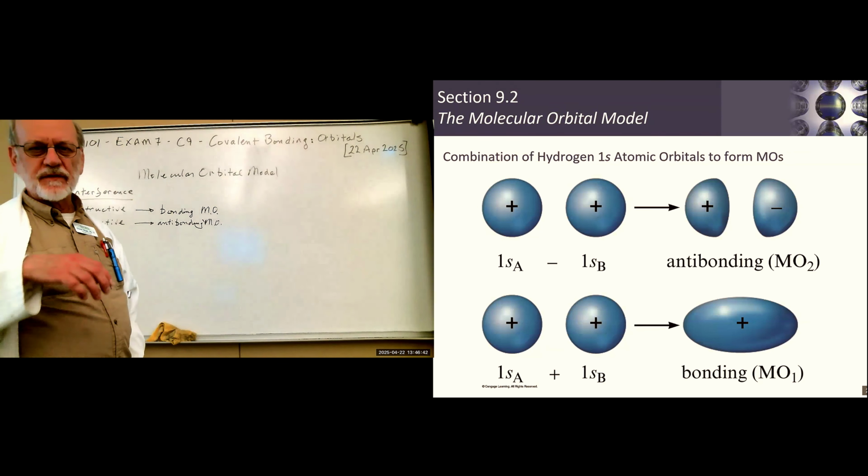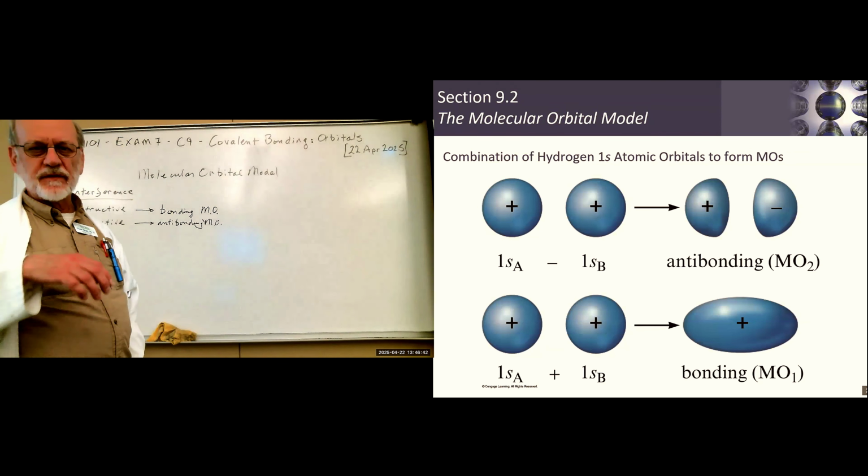And then when you overlap those two and create molecular orbitals for the ones on the right, then if there's destructive interference, you get the anti-bonding orbital. And the electron density profile puts the electron density out here, outside the two atoms that are bonding.